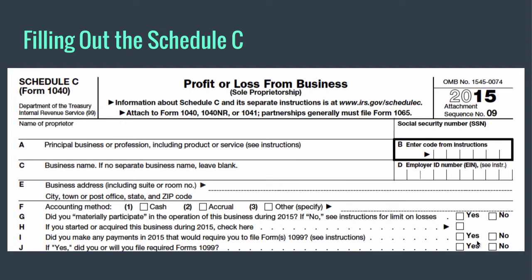The first one is, did you make payments that would require you to file a 1099? So did you pay someone more than $600 for services, so like a contractor? And technically, if you paid an individual rent for an office space, you have to also issue them a 1099.